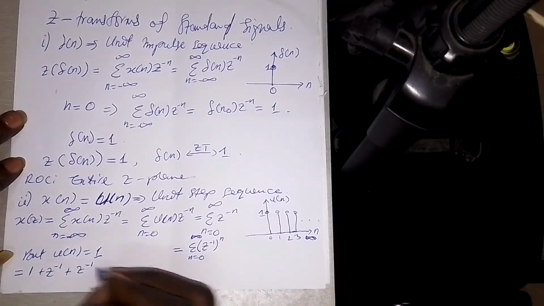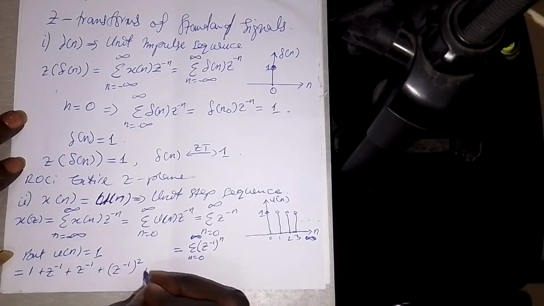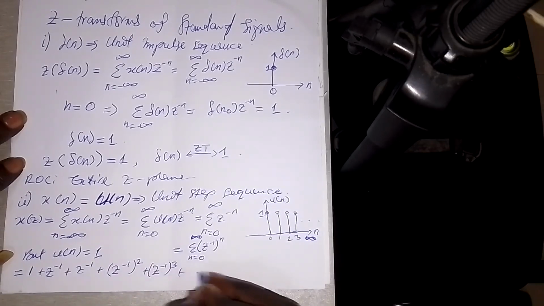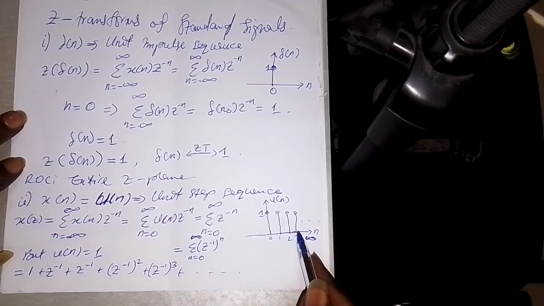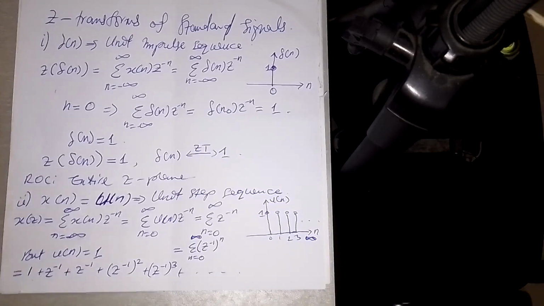So if I put 2 inside, I get z to the minus 1 to the power 2. Plus, if I put 3 inside, I'll get this one, and it goes on to infinity. So this will be the summation.